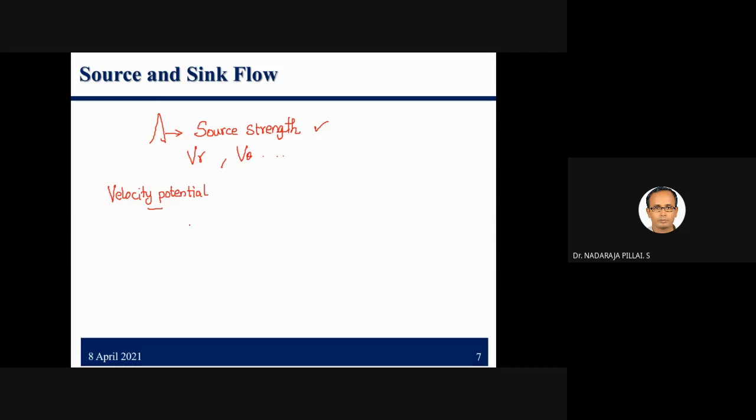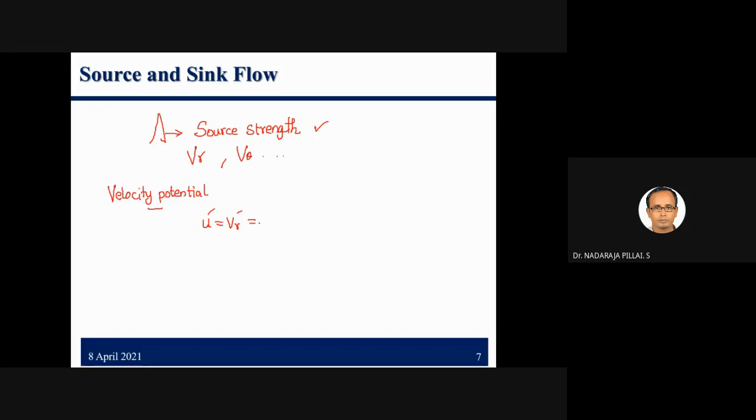You already know. What is u, that is equal to Vr? How can we write it in terms of velocity potential, in the polar or cylindrical coordinate system rather than Cartesian?